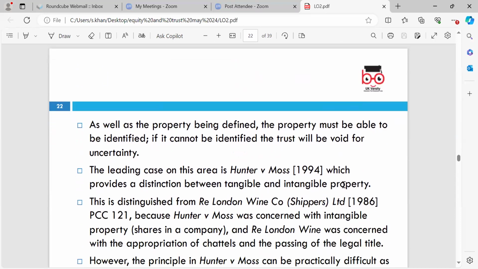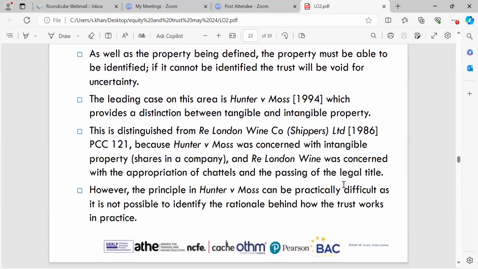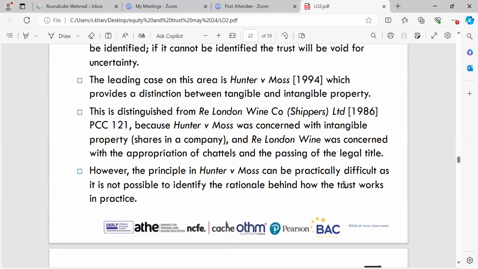As well as the property being identified, the trust property must be identifiable. And the leading cases here are Hunter v Moss, which was concerned with intangible property, and Re London Wine, which was concerned with the operation of charters and passing of legal title.